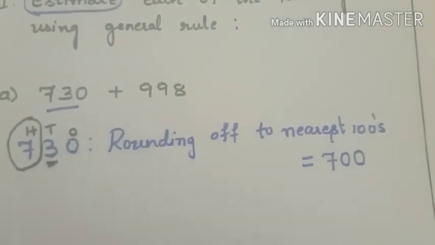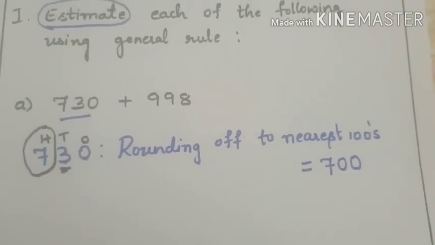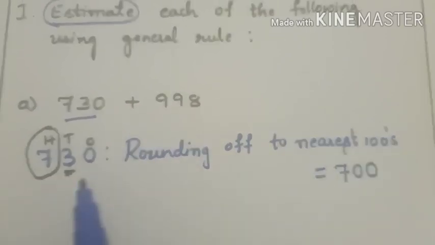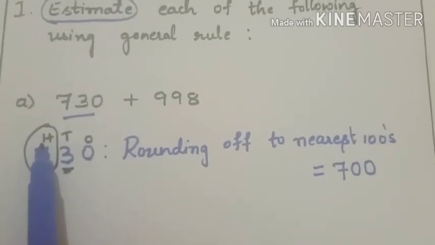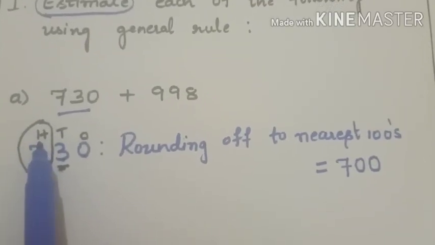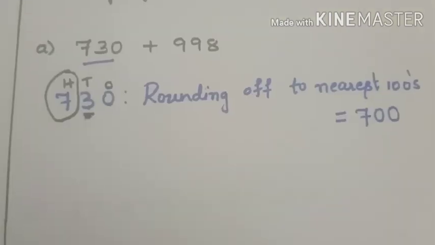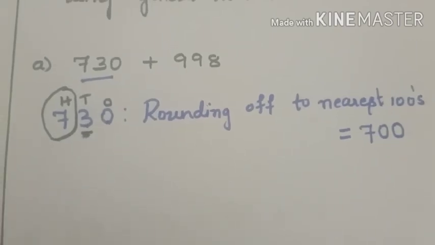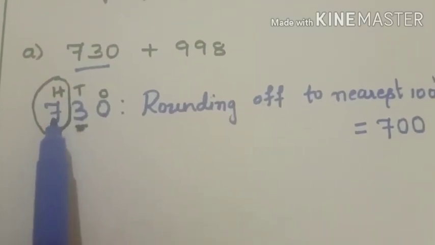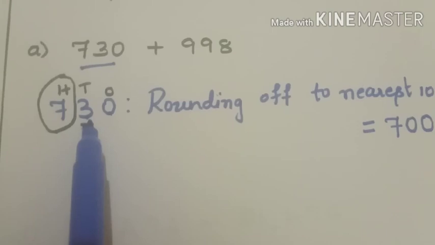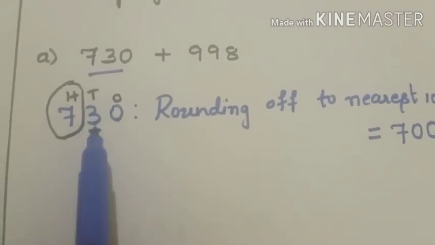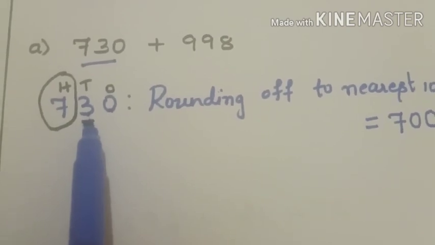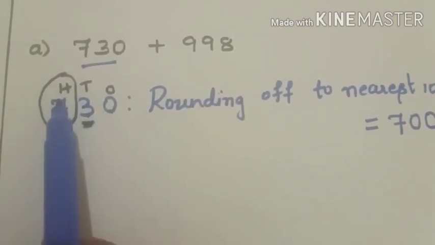Fine. Again I'll explain to you. You have to round off to the nearest hundreds, because it is the highest place value here. While rounding off to the nearest hundreds, you have to check one number before the hundreds place, that is the tens place. Here the tens place is 3. It is less than 5, so no need to add 1 to the hundreds place.